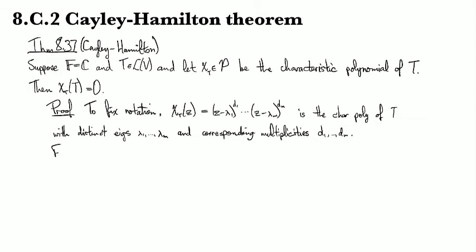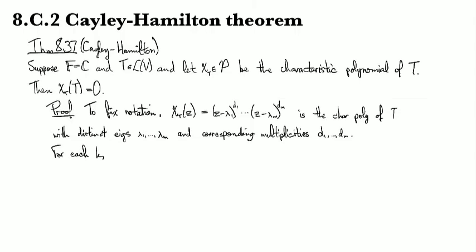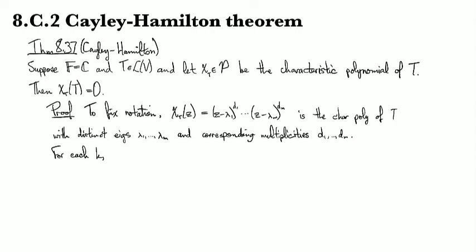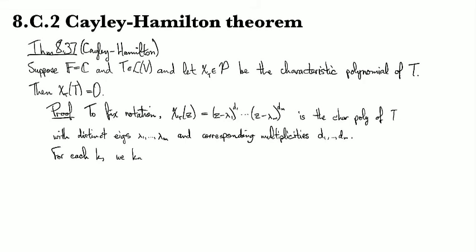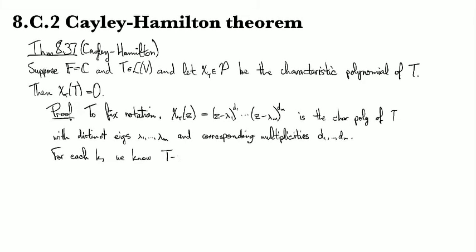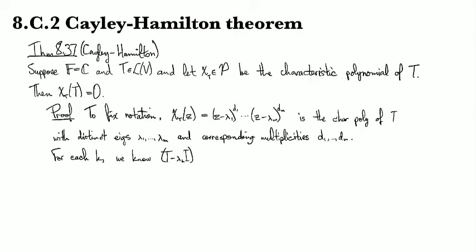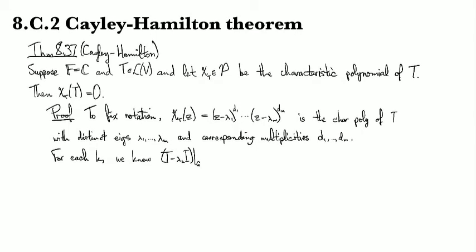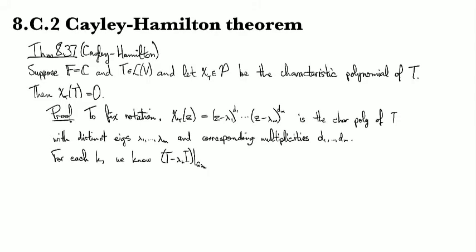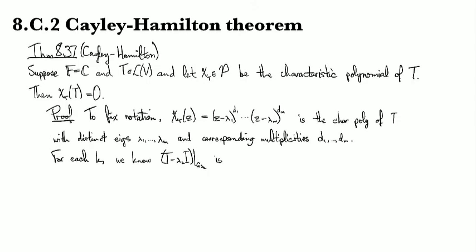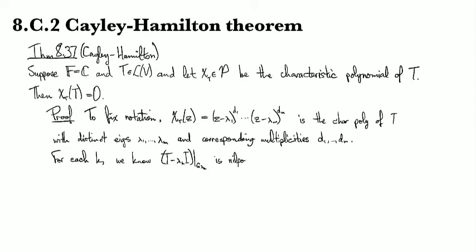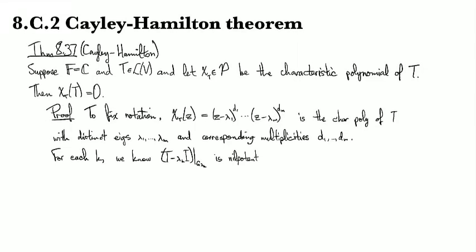Okay, so now for each k, if we look at the restriction of T − λk I to the kth generalized eigenspace, that guy's going to be nilpotent.